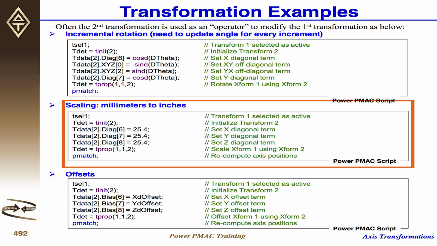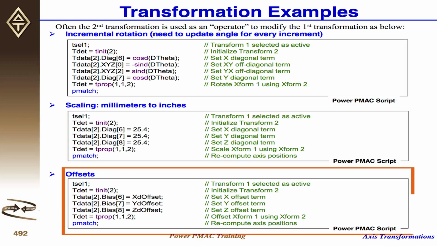This is another useful use. Usually in a CNC system, when you change from inch to millimeter, this is what we do inside PMAC. We just have a matrix and do the scaling for you. It's the same process: I initialize 1 and then put these values in 2, and then I do tprop 1, 1, 2.